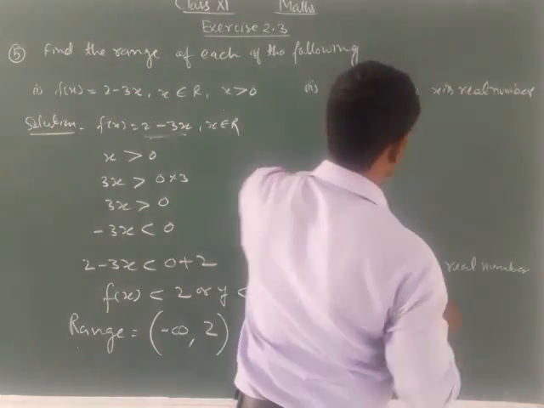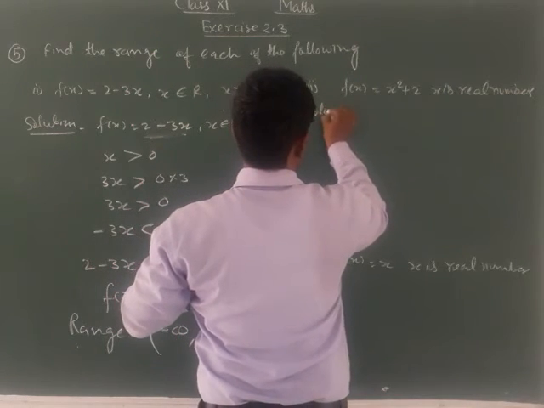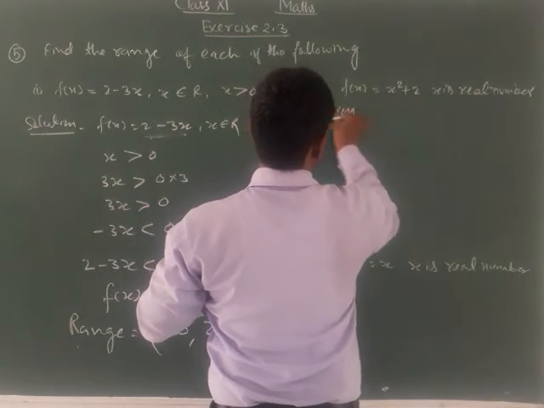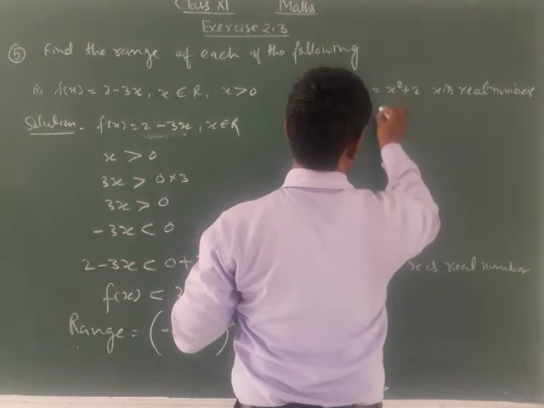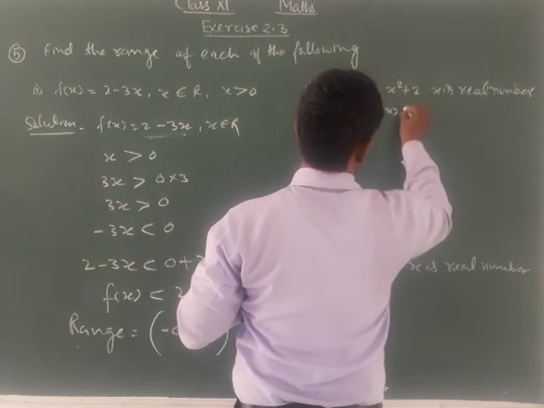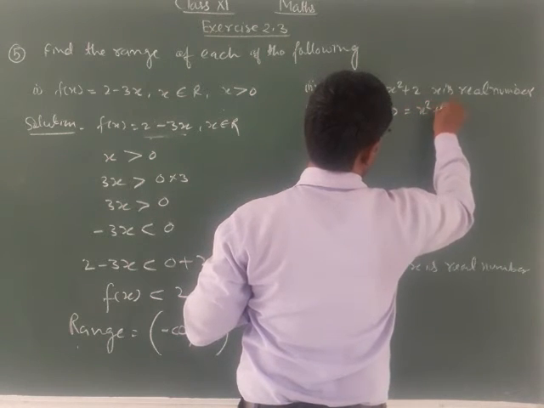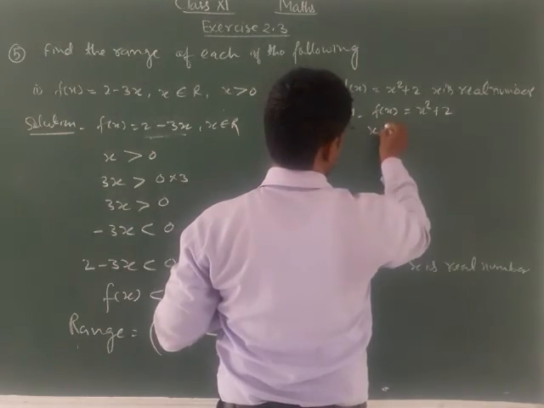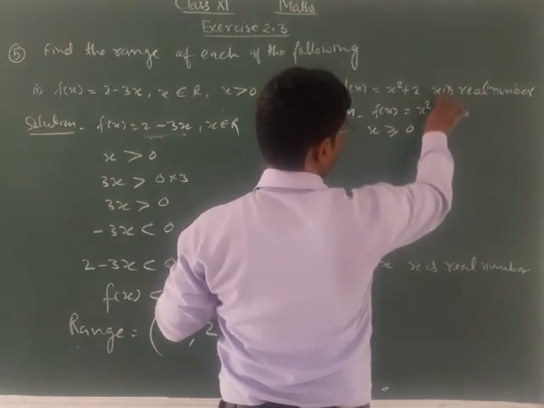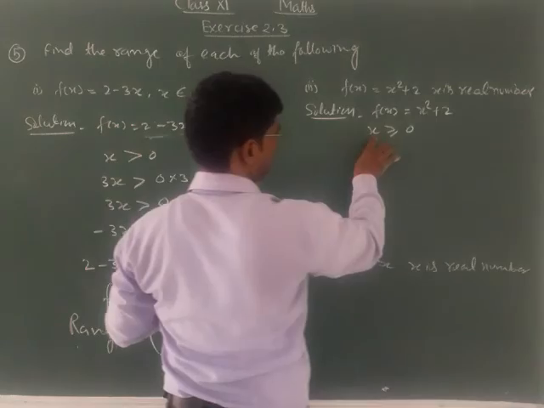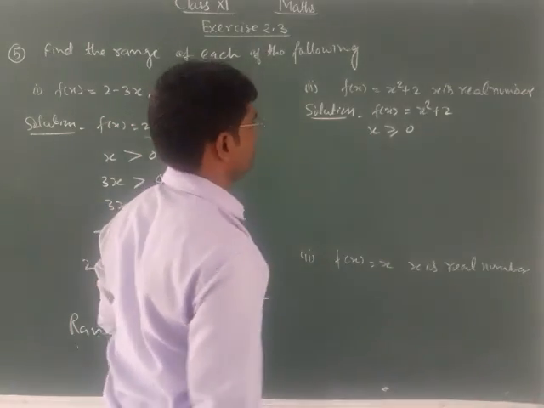And the second part, f(x) = x squared + 2, x is a real number. Solution of this question. So now f(x) = x squared + 2, x greater than or equal to 0. Now x is a real number given, so x greater than or equal to 0.